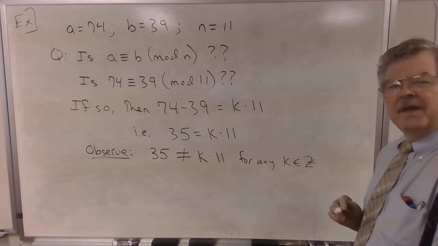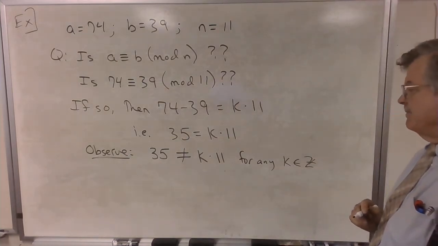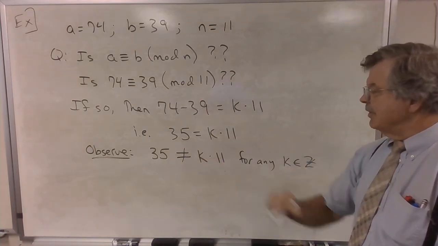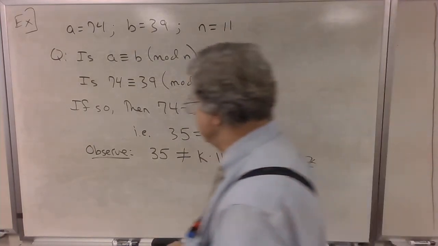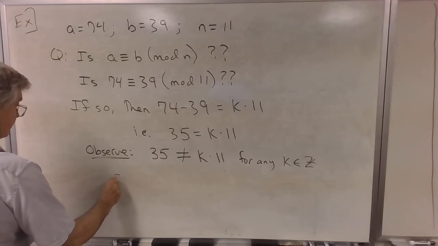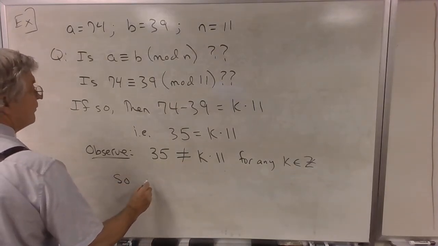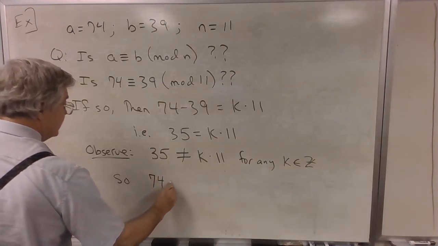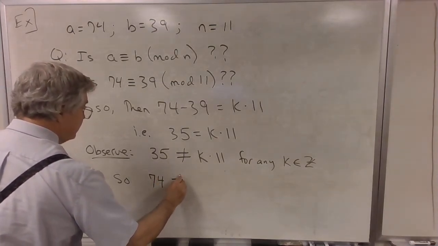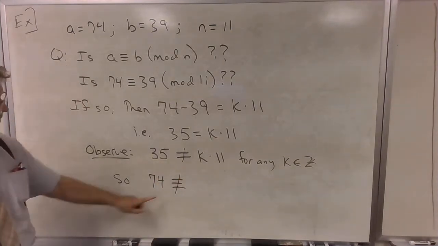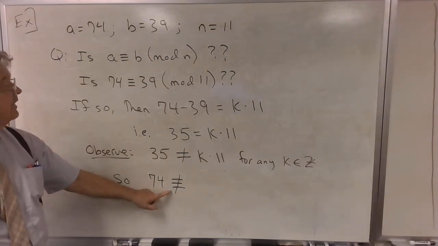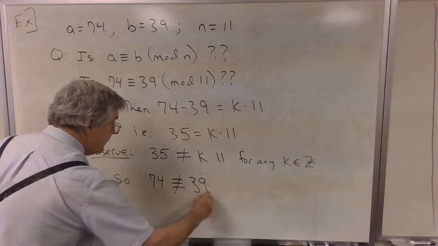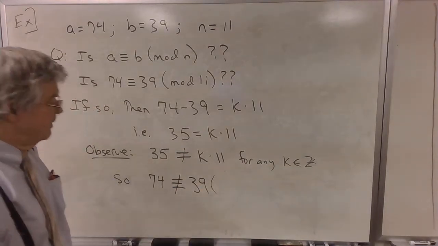And there's no integer that makes that happen. No integer times 11 is going to give us 35. So 74 is not congruent, or is incongruent, to 39 mod 11.